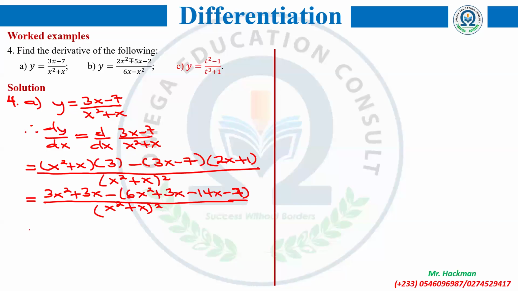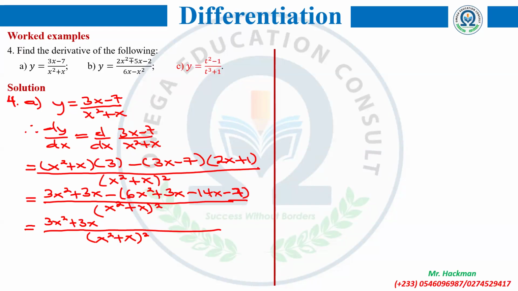Now you come to your next step. That will be equal to your denominator intact, x squared plus x, the whole of that squared. Then your numerator, you already have 3x squared plus 3x. You go and remove your final set of brackets, multiplying all the terms here. But I will combine before multiplying.